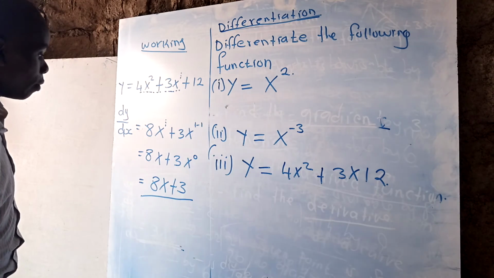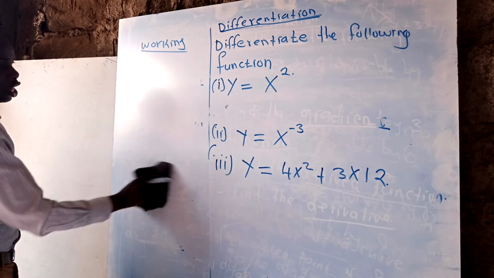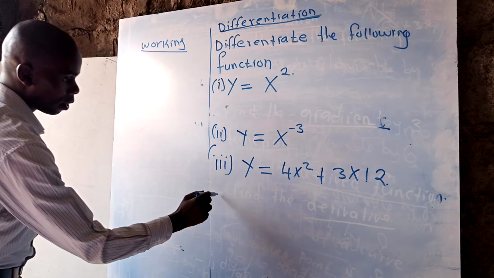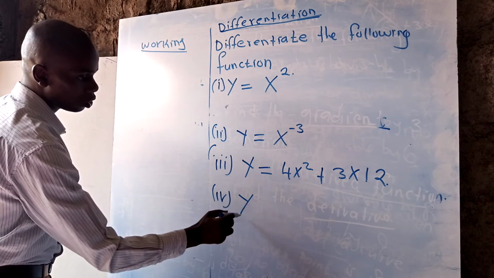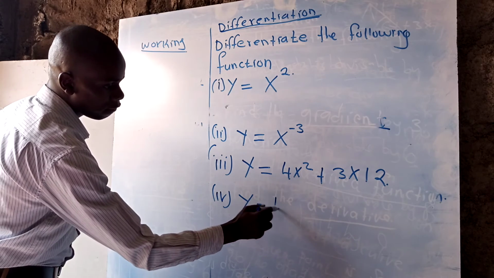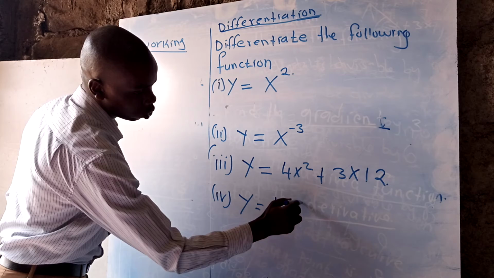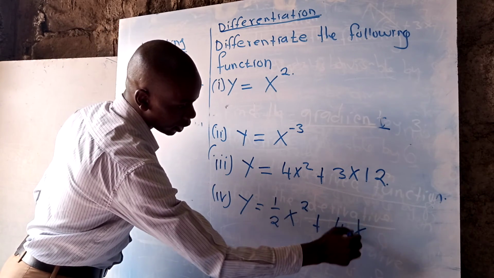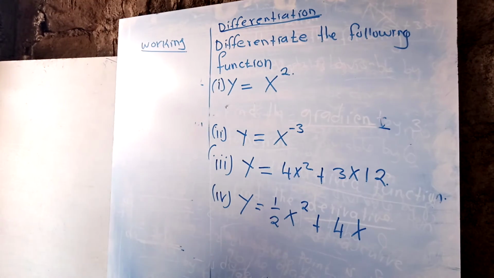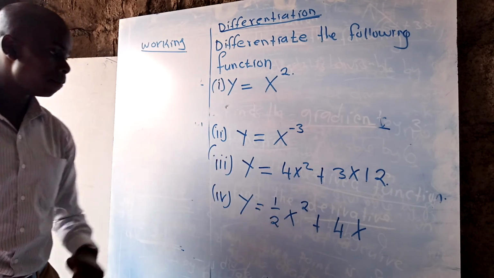I want to give another one. For instance, Question 4, we can have our function is equal to a half x raised to 2 plus 4x. We want to find the gradient function of this. We are going to use the same method.